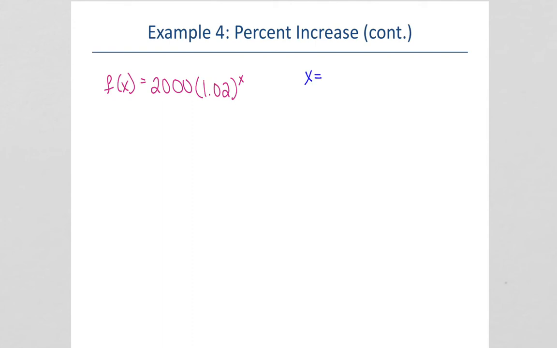We need to decide what x would be. It'd be the year 2021, subtract the year 2001. So that's 20 years from the year 2001. So we'll just plug in 20 for x.